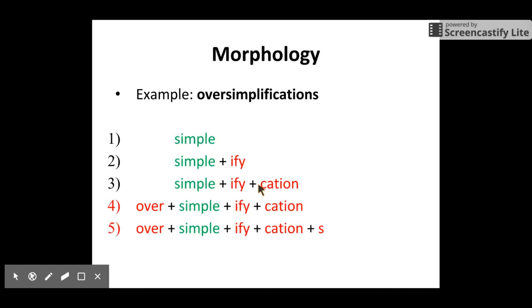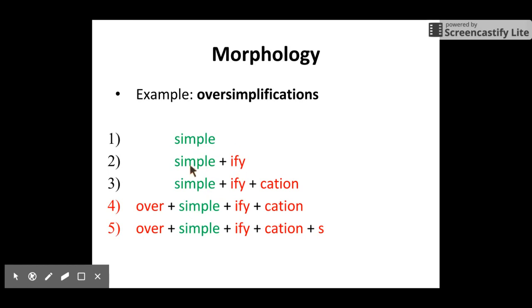Here's an example of the morphemes. So actually we have simple, which is a word, and it is also a morpheme. And we can add another morpheme to form another word, an affix, we can have simplify, right?